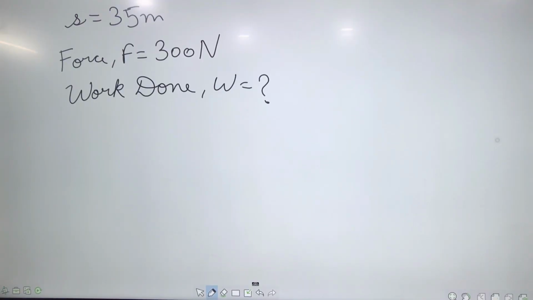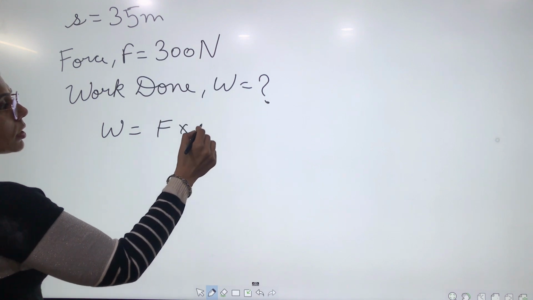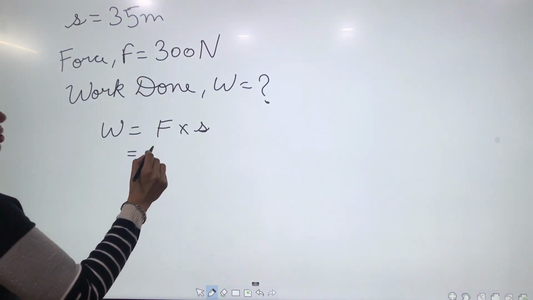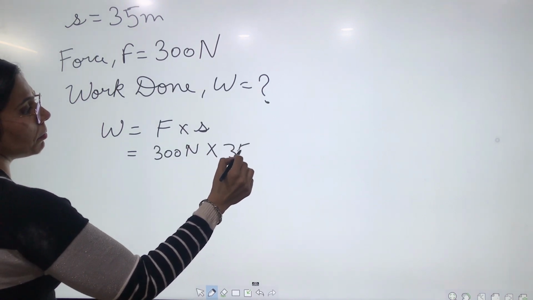Here in this numerical, we are given the displacement, that is 35 meter, which the man has moved the cart. The force provided was 300 Newton, and we need to calculate the work done. We apply the simple formula: work is equal to force into displacement, where force is 300 Newton and displacement is 35 meter.